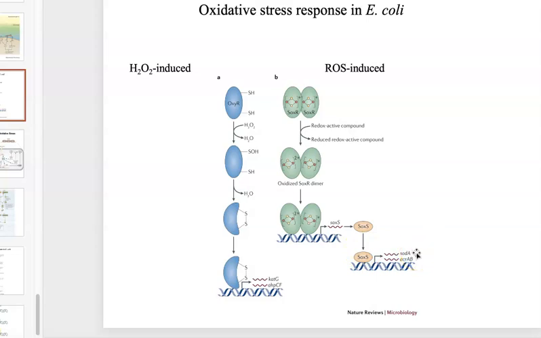And so superoxide dismutase can then break down superoxide radicals, which are included in this redox active compound group. Superoxide dismutase will turn superoxide into peroxide, and then peroxide, of course, has to be broken down into water and oxygen.